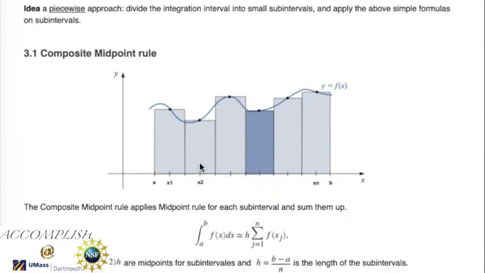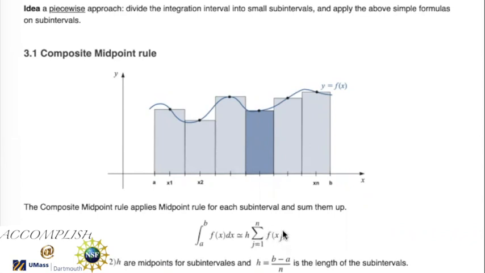So for the composite middle point rule, the formula is going to look like this. You just need to figure out where the middle point of each sub-interval is, and that's given here. For xj, which is the middle point of the j-th sub-interval, it's going to be a plus j plus a half, times h. So that's the location for xj.